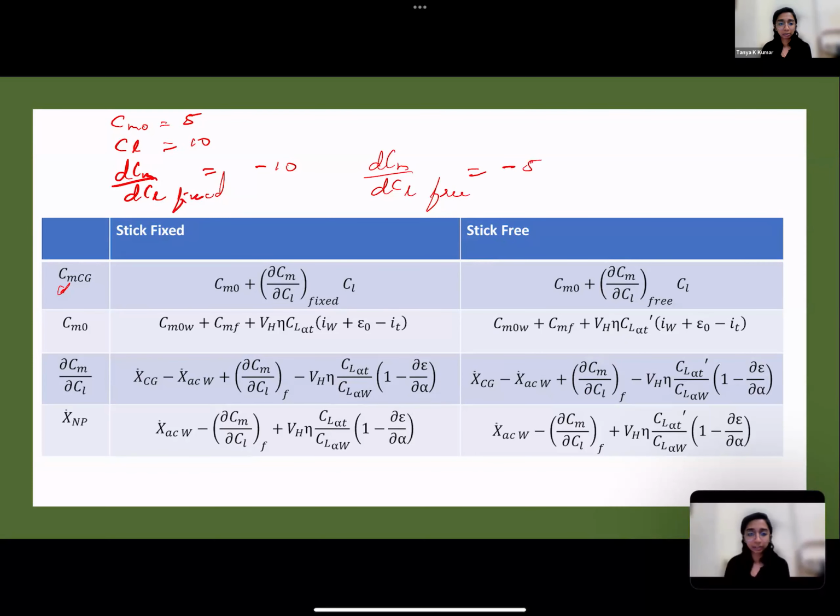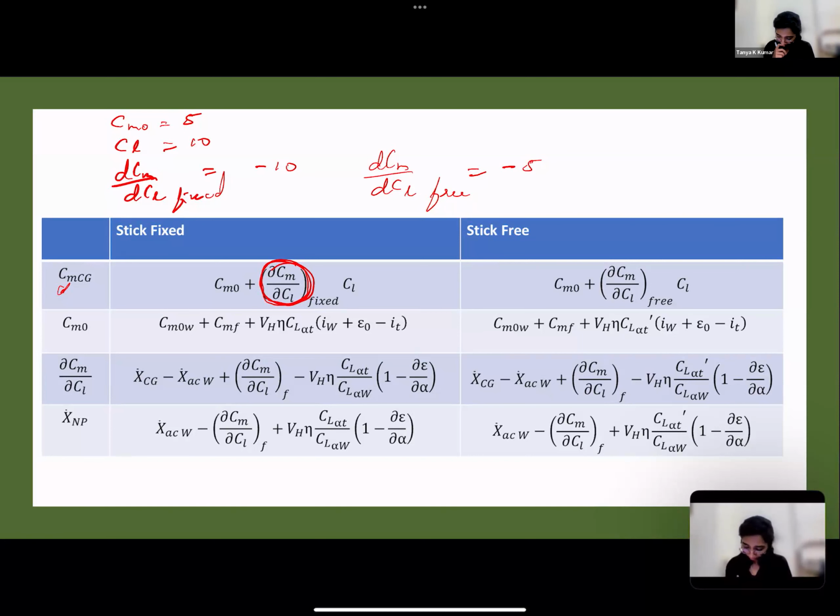Now just put in these values and tell me which CM will be more. Stick free, right? Because DCM upon DCL here is more negative. Okay, so stick free would be more, correct.